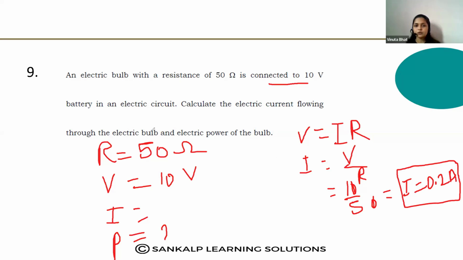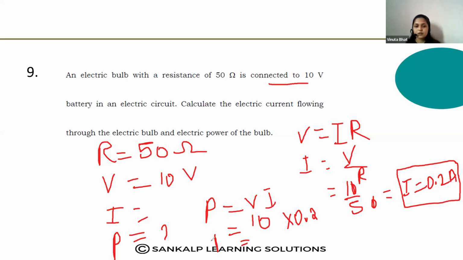Then the current flowing, that we already know. Then you have to find out the power. What is the formula for power? P is equal to V into I. So here we know the value of V, and already we know the value of I. V is 10, and I is 0.2.